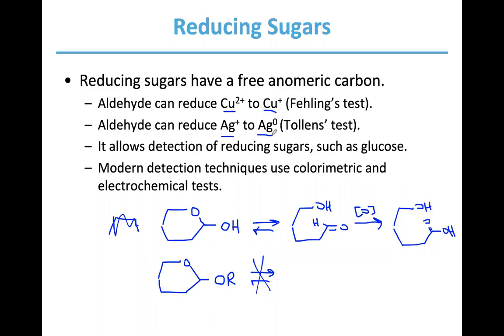So you see a beautiful silver deposit, like a silver mirror on the bottom of your flask. Has anybody done this reaction in the lab? Tollens test on aldehydes from OChem, or organic chemistry? No? Nobody has seen metallic silver in the lab? All right.